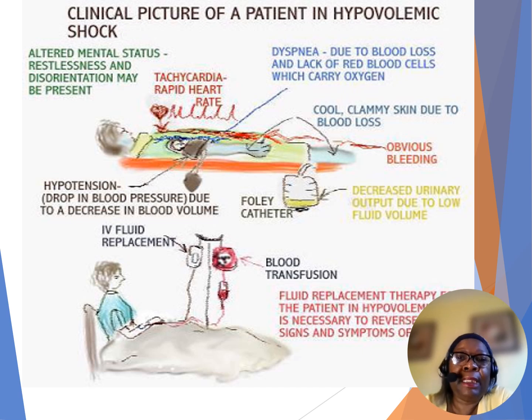Now, when would you anticipate the doctor to order a blood transfusion? That may be a question. When the hemoglobin falls below 7 grams per deciliter for patients in ICU and 8 for post-op patients. That's usually the recommendation.